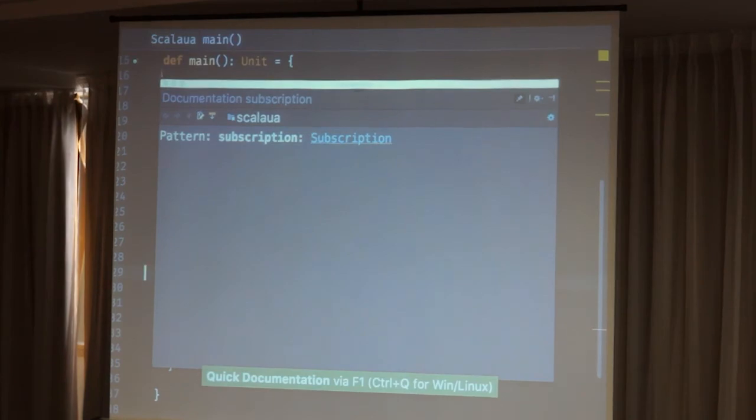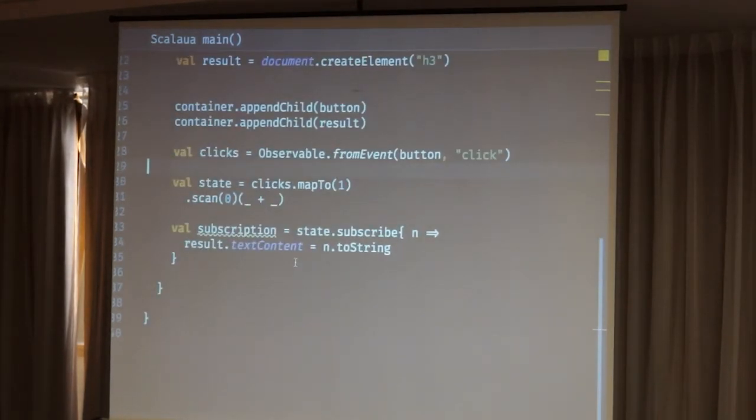and what that does is basically it holds the resources that the observable needs, right? So under the hood, this from event call right here calls, it adds an event listener to that element, right? And if we don't get rid of that, once the element is removed from the DOM, we will leak memory, right?